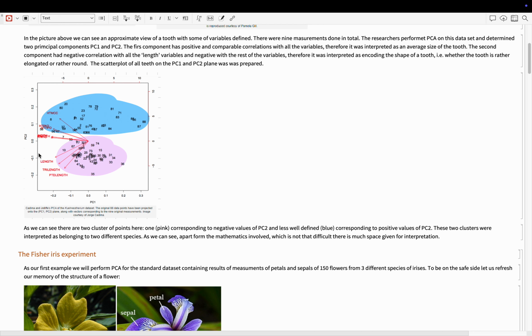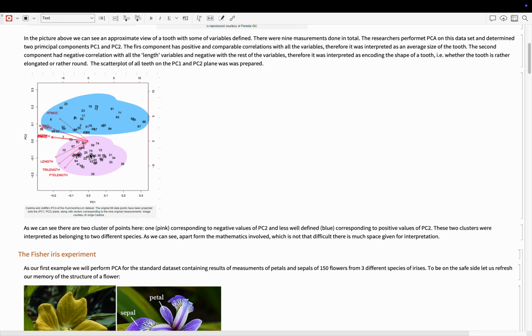Which is the first and which is the second, and why they are ordered and numbered, we will see in a moment. Therefore, the researchers concluded that there are indeed two species, and the pink cluster represents teeth belonging to one of the species, and the blue cluster corresponds to teeth belonging to the other species.